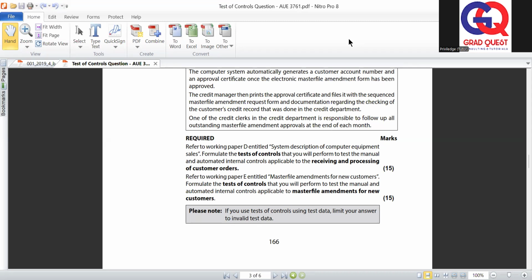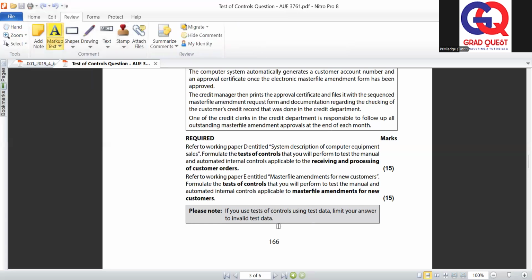So one of the areas that I want to focus on in today's discussion is to address the concept or the principle of tests of controls. Why I want to address this is because in the exam, this is one of the core topics of note that you would see being tested.